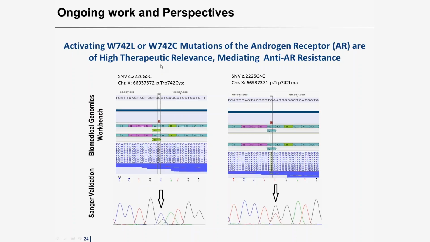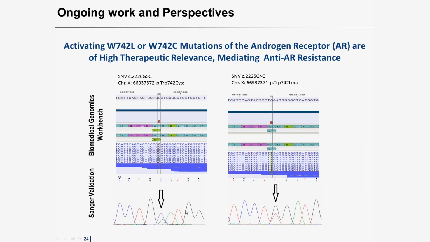And the mutations in the androgen receptor lead to androgen receptor activation, which in turn results in resistance to the anti-androgen hormone therapy.